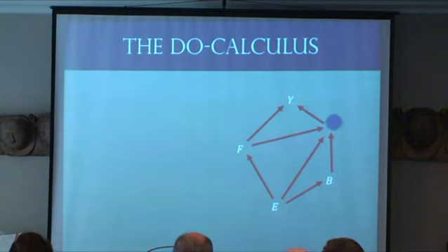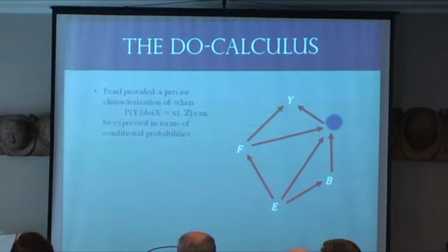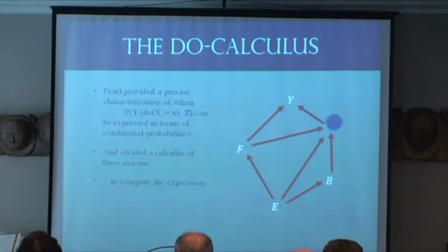And this is really a quite simple calculus. So first of all, he presented a very precise characterization of when this can be solved. So we know exactly when this problem can be solved and when it can't be solved, depending upon where the unmeasured variables are. And he created a calculus of just 3 axioms, a very simple calculus.